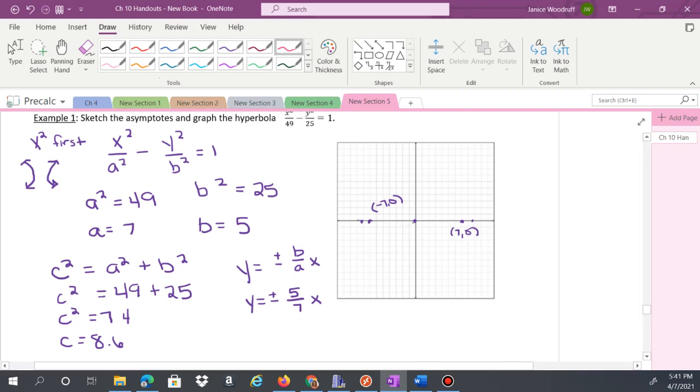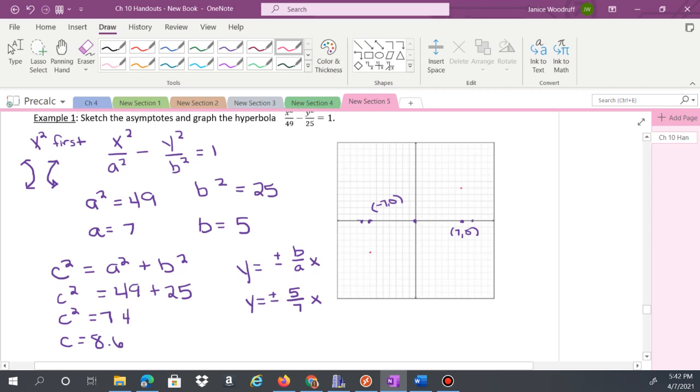So you start at 0, you go up 5 over 7. So 1, 2, 3, 4, 5, and then 7. So you have a point right there. And then go down, we'll be able to draw that line. So down 5, 1, 2, 3, 4, 5, to the left 7.